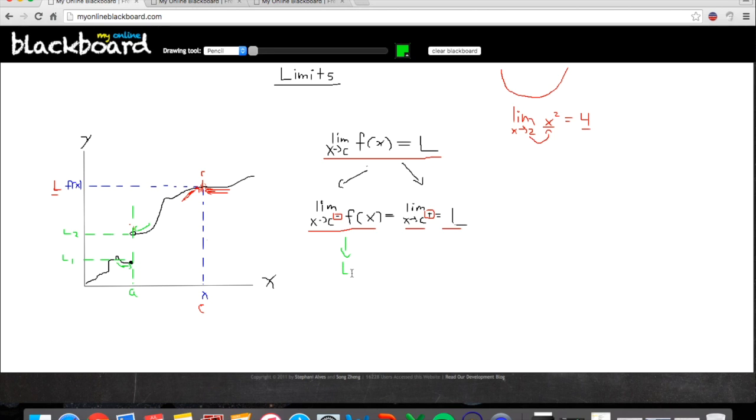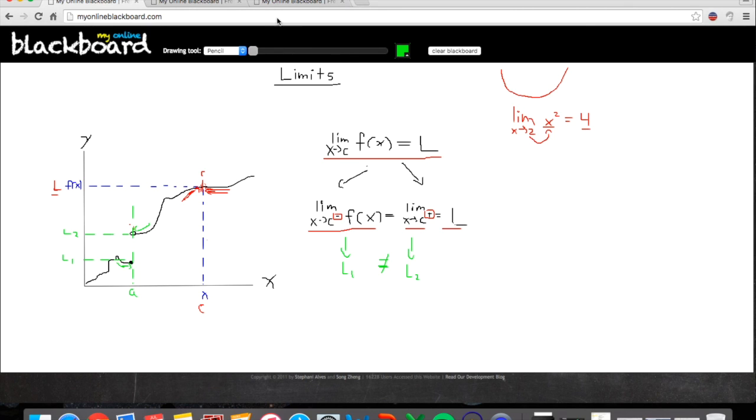So coming from the left it's L1, and coming from the right it's L2. And they're not equal, as you can visually see, meaning that the limit does not exist at this point.